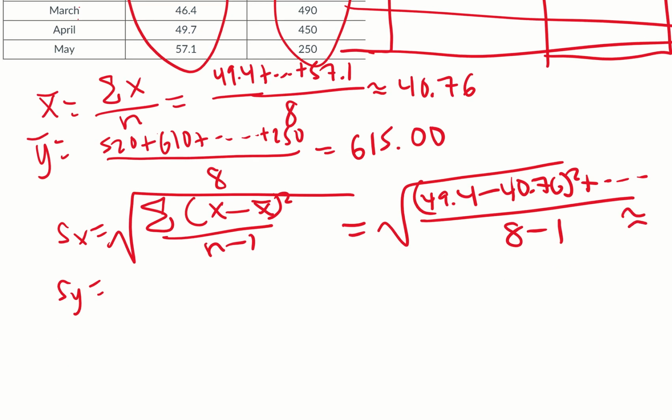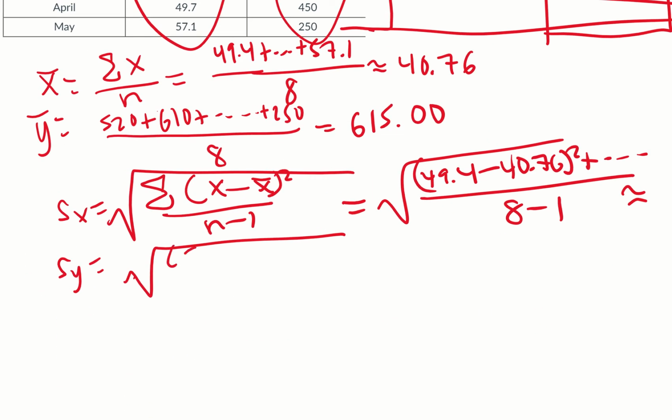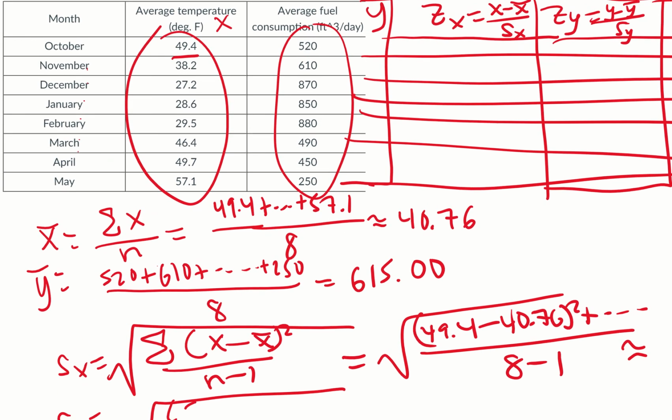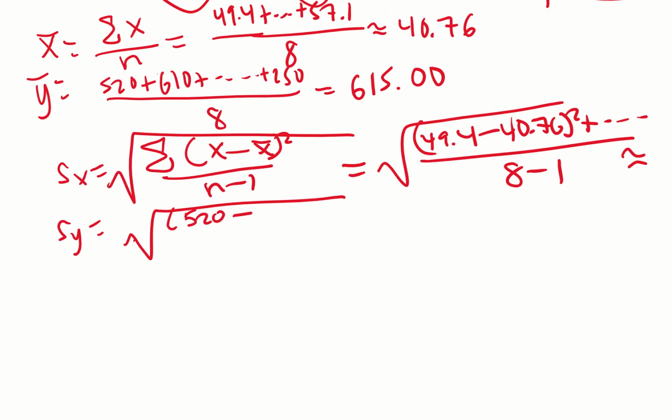I won't calculate that; I'll have you do it as an exercise. This is just showing you what to do. The next one is 520 minus 615 squared plus dot, dot, dot, for the rest of the numbers over 8 minus 1.